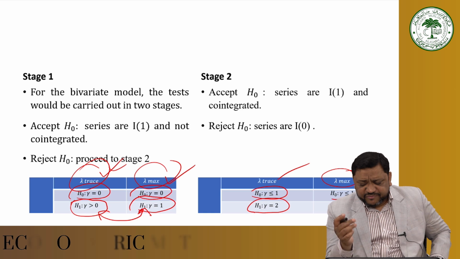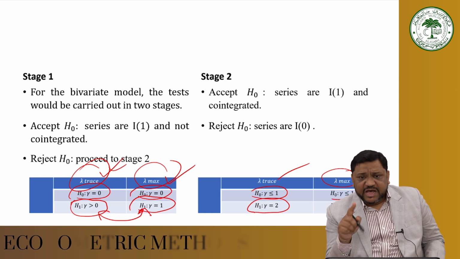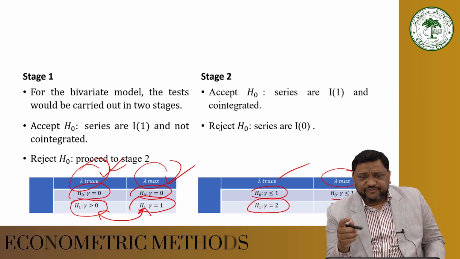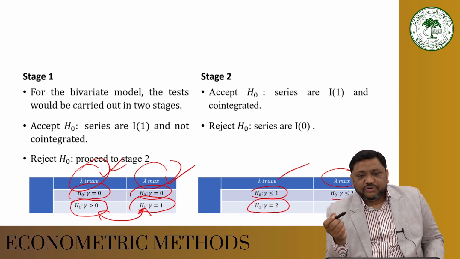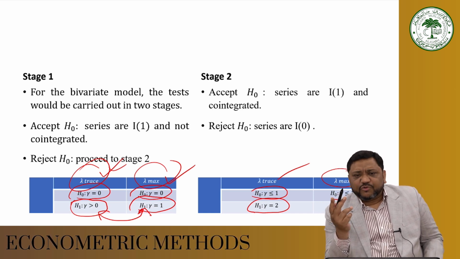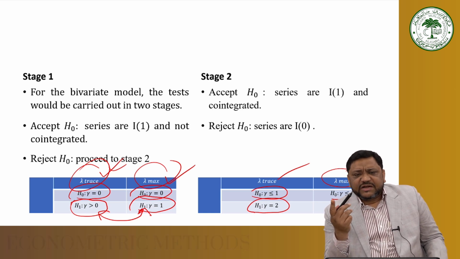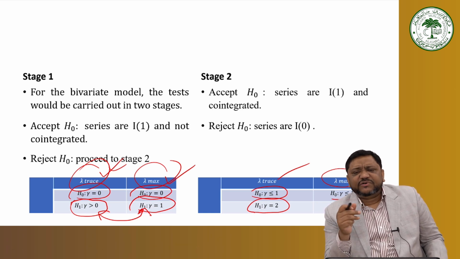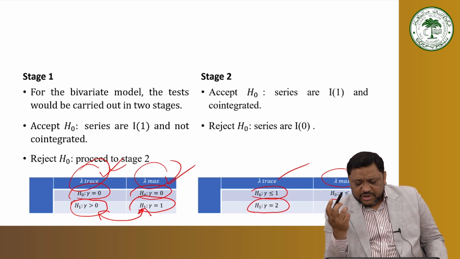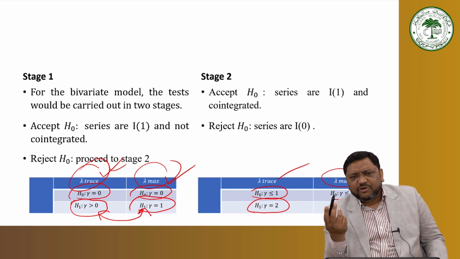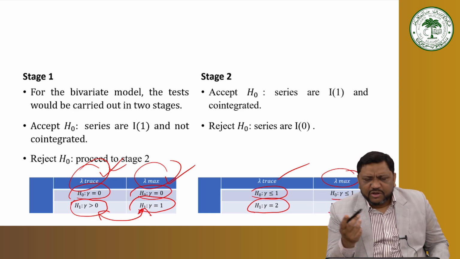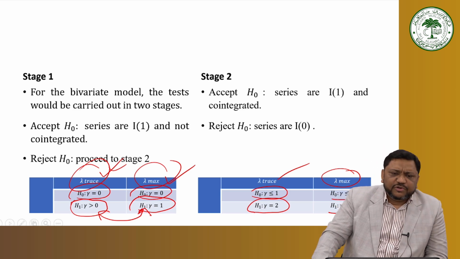If we accept H0, then the series is I1 and cointegrated, and if we reject H0 here, the series are I0. So there are two tests to measure cointegration, trace statistic and maximum eigenvalue statistic. The null hypothesis differs very slightly between these two. Rejecting the null hypothesis by comparing the test statistics is done using the critical values calculated and given by Johansen.